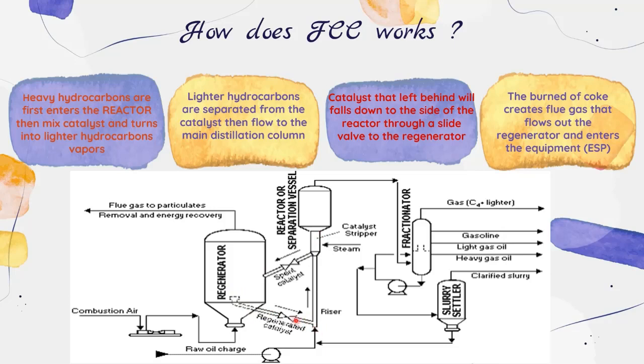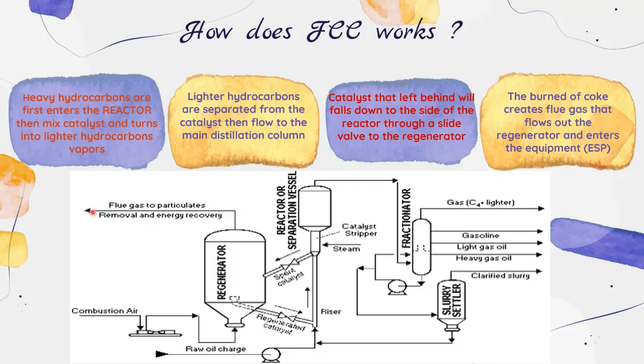Okay, lastly, the burning of coke creates flue gas, which is in here in the regenerator. So it creates flue gas that flows out of the regenerator and enters the equipment ESP.